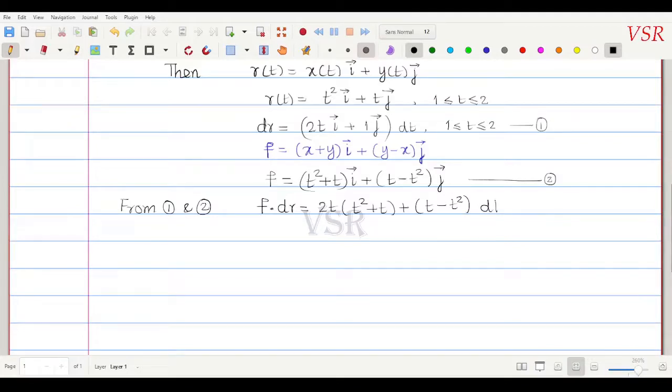Let me expand: 2t cube plus 2t square plus t minus t square, which is 2t cube plus t square plus t dt. So this is the final thing.